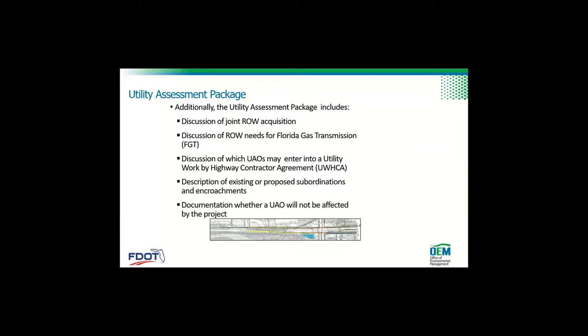All right, and additionally, it includes discussion of joint right-of-way acquisition, discussion of right-of-way needs for Florida gas transmission, and then all these other things, I'm going to skip ahead.